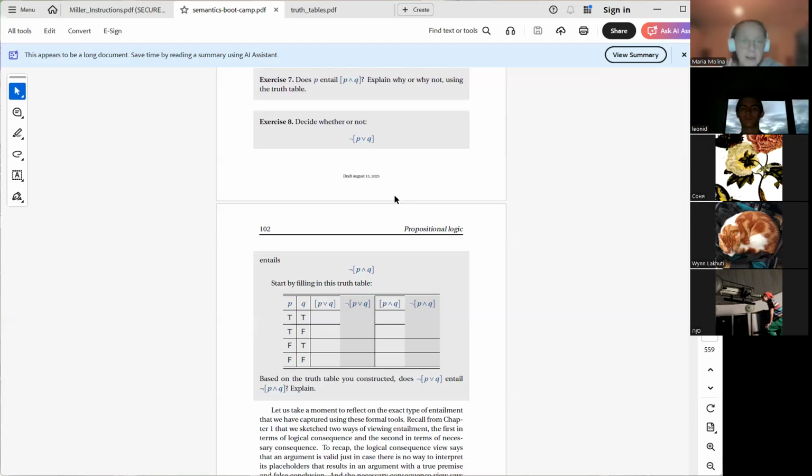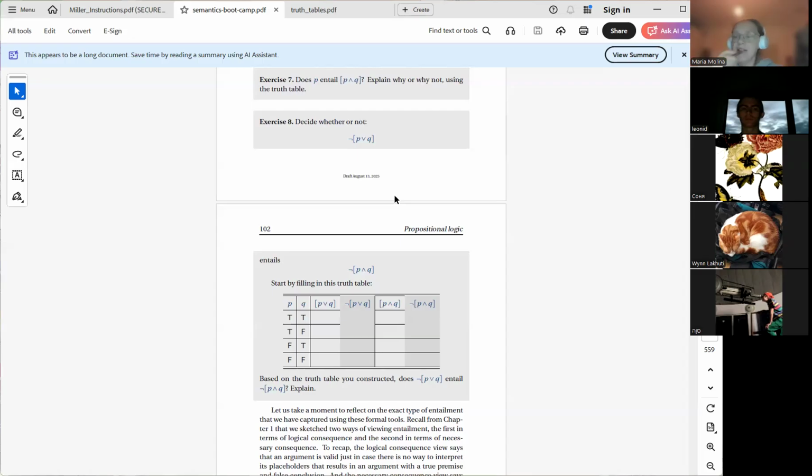Q is, it is windy. P or Q is, it is raining or windy or both. Okay? Negation is, it's neither raining nor windy.